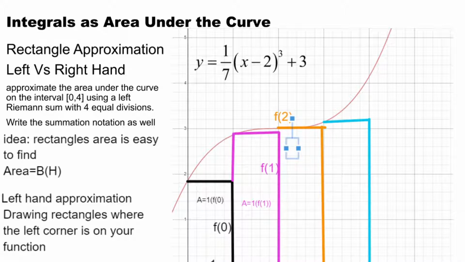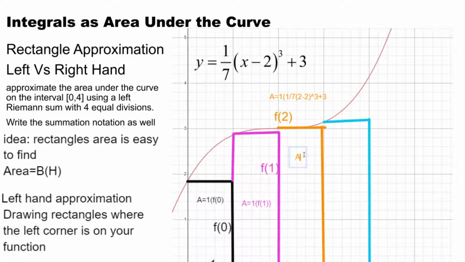So my area for this orange one is going to be equal to 1 times f of 2. So f of 2 is going to be 1 over 7 parentheses 2 minus 2 raised to the third power, plus 3. And I'm going to just write this up here so it's easier for us to see.